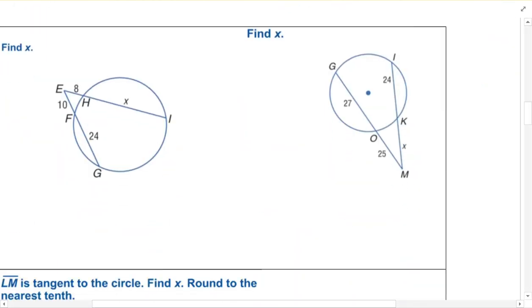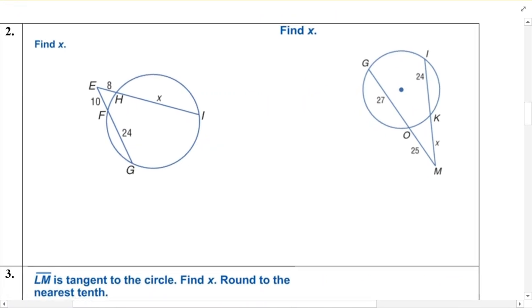For the next problem, we have that they intersect outside of the circle. So for the first one, we have two secants. The length of this whole secant here would be x plus 8. The length here would be 10 plus 24, which is 34.